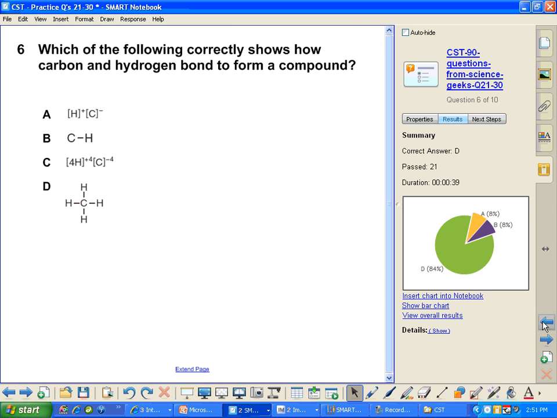Yeah, okay. Which of the following correctly shows how hydrogen and carbon bond? Okay. This doesn't show any bonding at all. It's just showing two ions, and they're improperly written in the first place. So this guy's really bogus. Okay, this shows a carbon with a hydrogen, but you'll never see a carbon with only one hydrogen. That is not a compound.